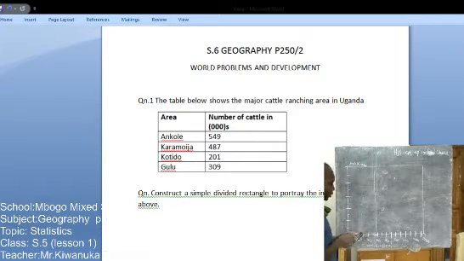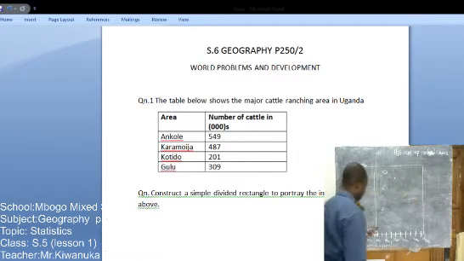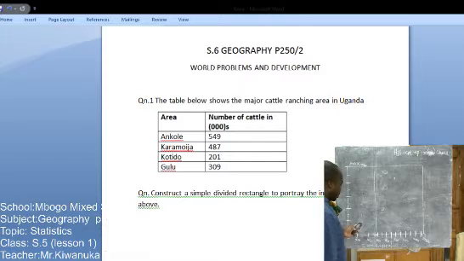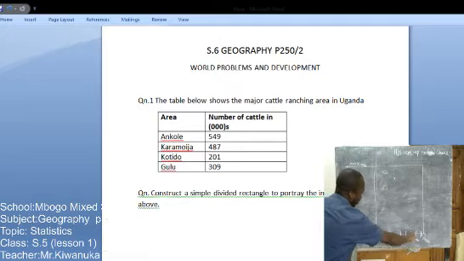So we go to Karamoja. In the table of results, Karamoja is 1036. We divide that by the scale, and our scale is 100. We are getting 10.36 centimeters. This is now the calculator method, but we shall still use the other, the one that you refer to on the scale.